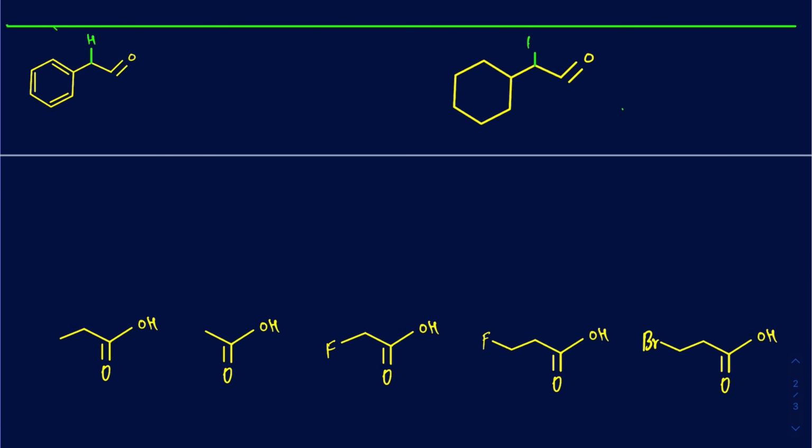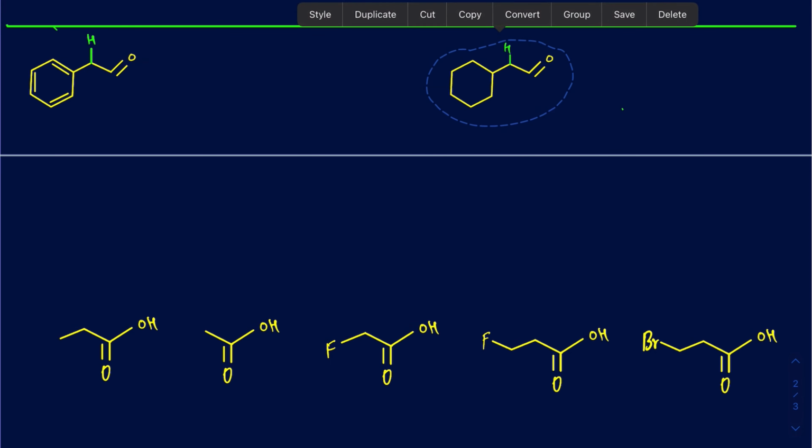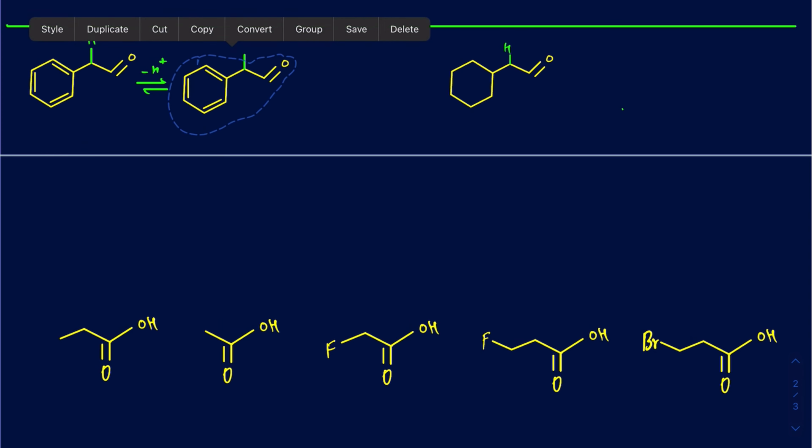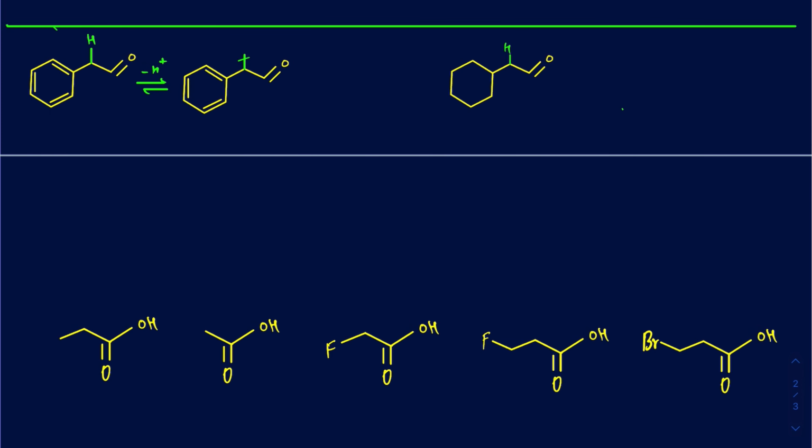And just like I have said, go ahead and lose the proton and then see what the conjugate base is going to look like. So when I lose this proton, my conjugate base would have a negative charge right here.